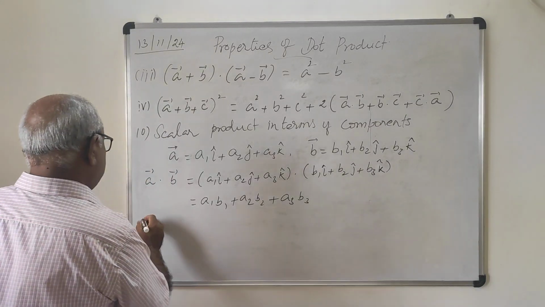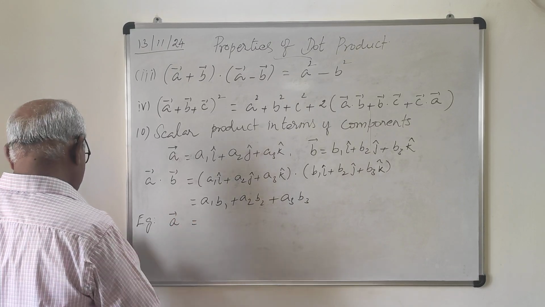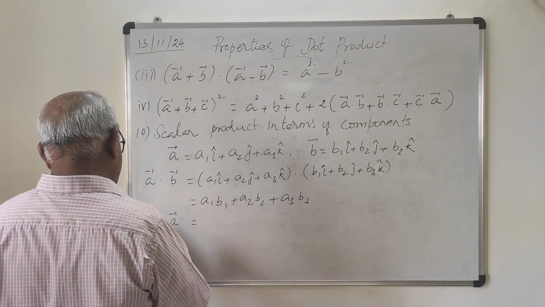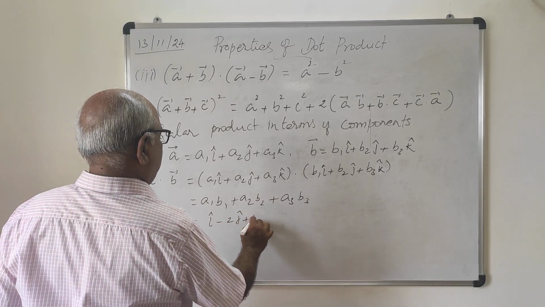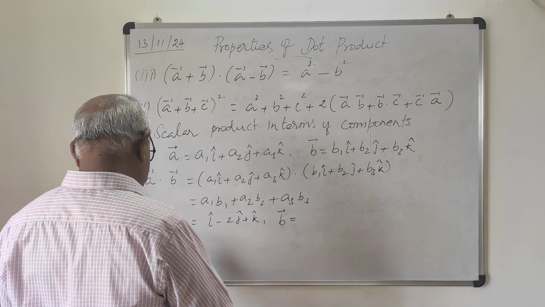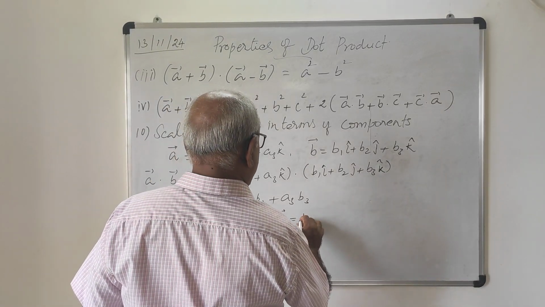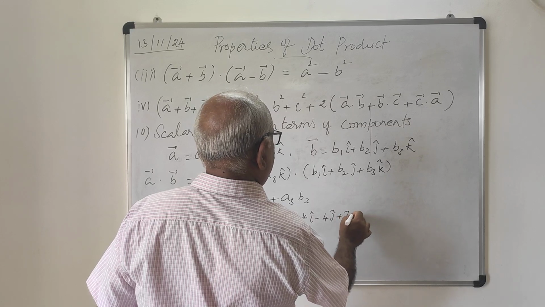For example, I am going to solve one sum. Say A vector equals i minus 2j plus k, and B vector is given as 4i minus 4j plus 7k.